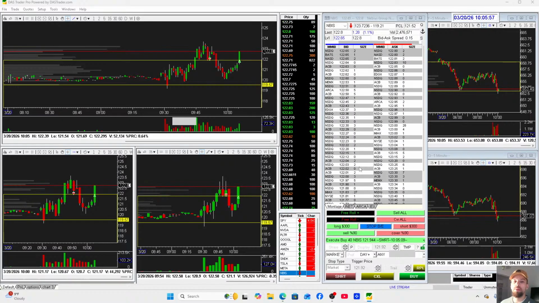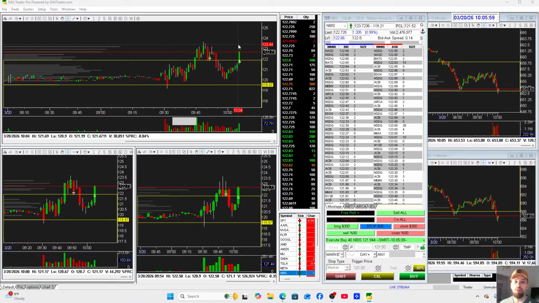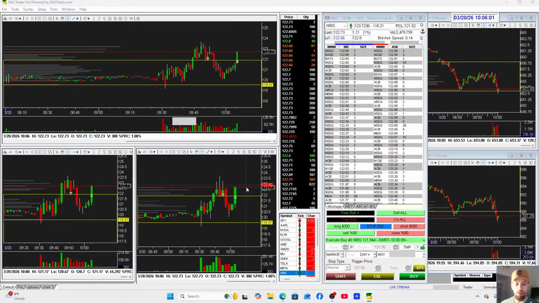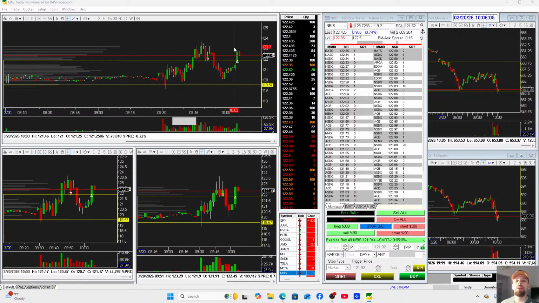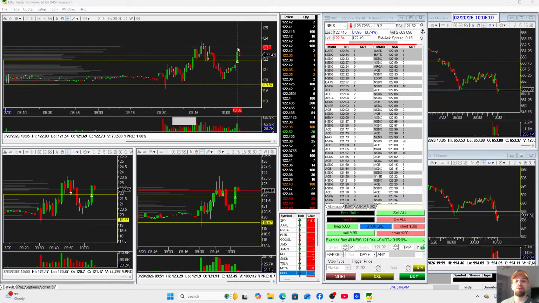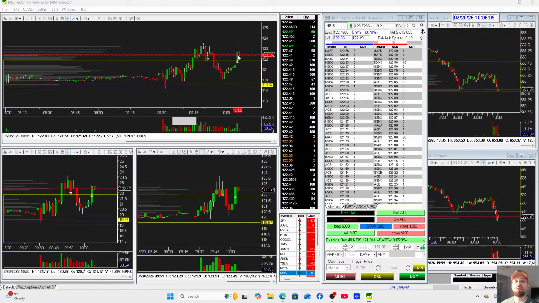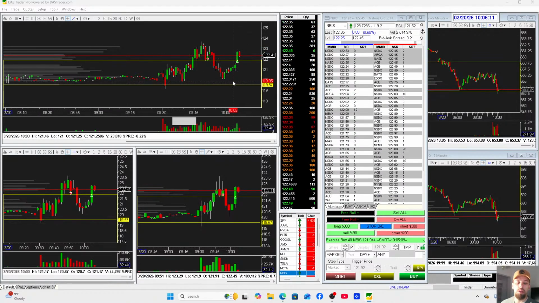Lots of volume again as it's moving up here. So if this rejects again, this area up here, falls back and gives me another opportunity, I'll short it again.